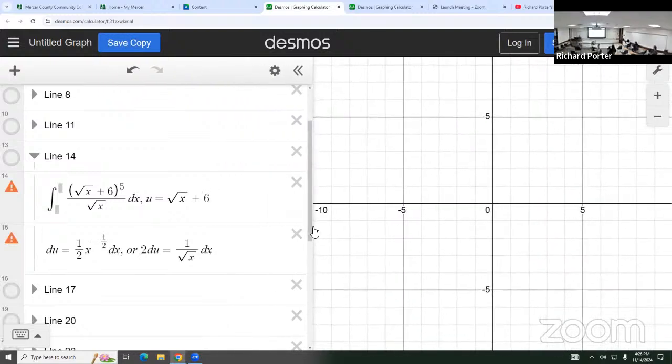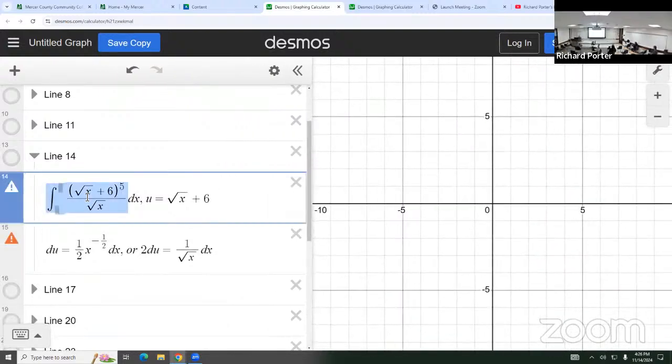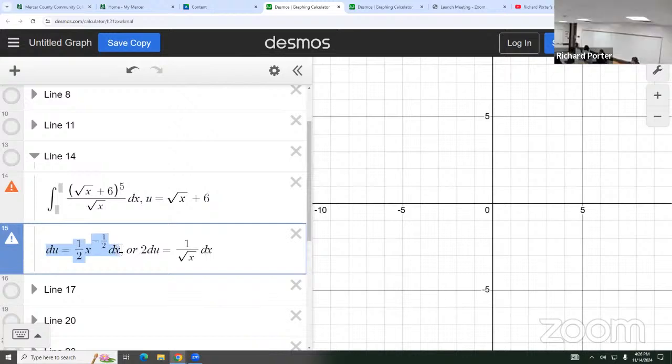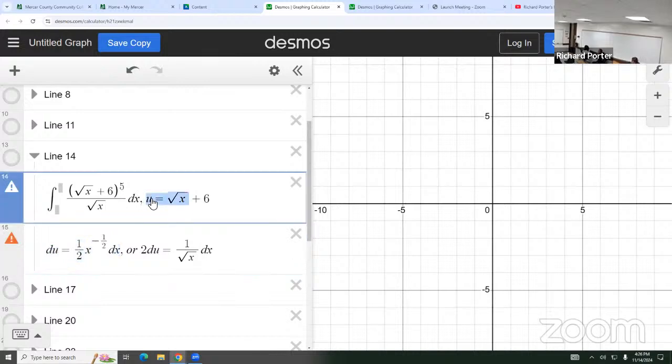What did they do here? So there's the integral. There's what they're going to substitute, right? So that's given. What did they do? They ignored the integral entirely and just went with the u.